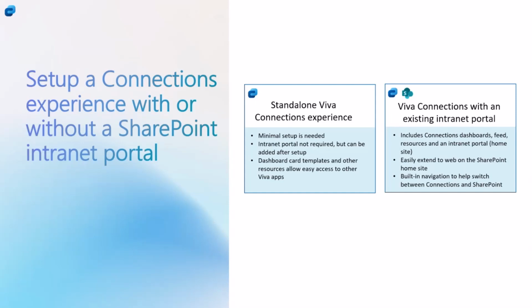With this, we have actually centralized the management of home site along with Connections experience because it didn't really make a lot of sense to have Connections admin separately from the home site administration. And I'll show you where to do that. We basically brought all that together within the Viva administration and Microsoft 365 Admin Center. And that's the place where you can set up the Connections experience as well as the home site.